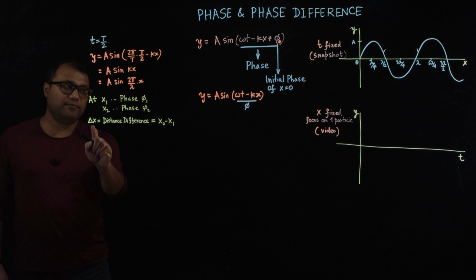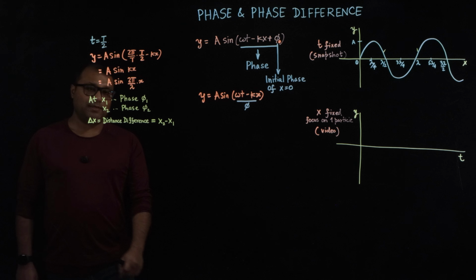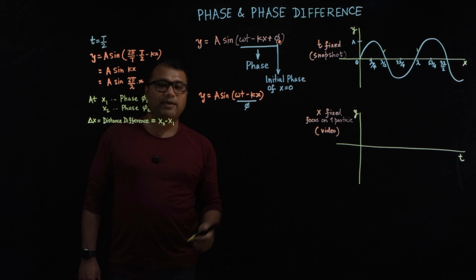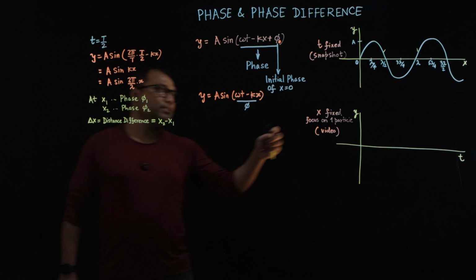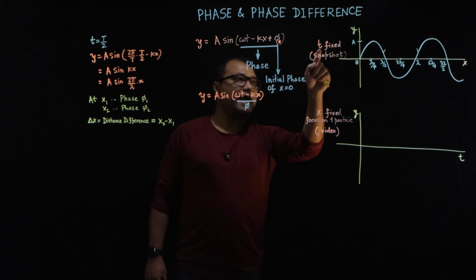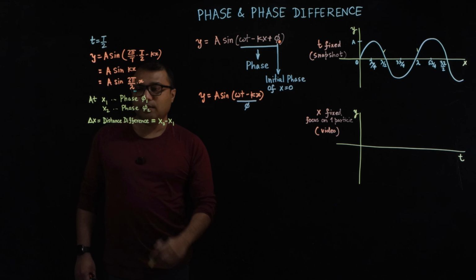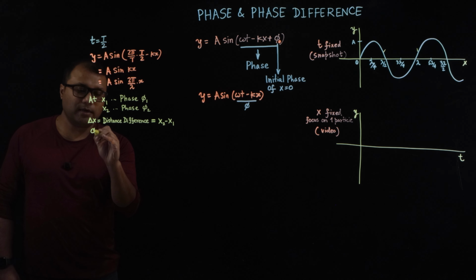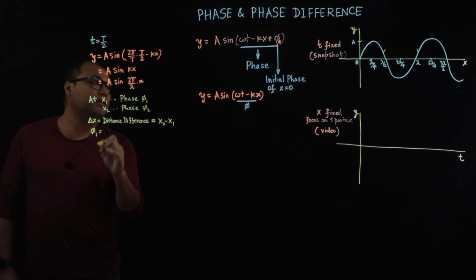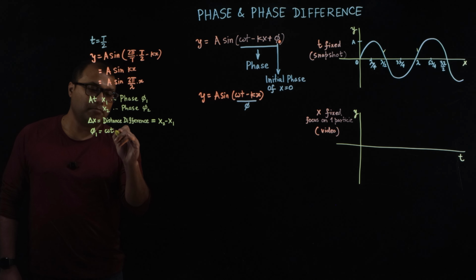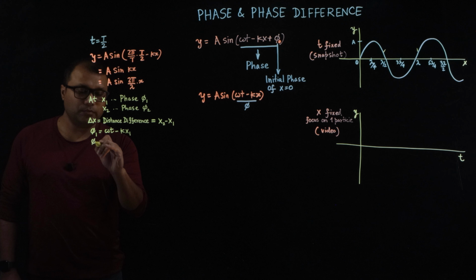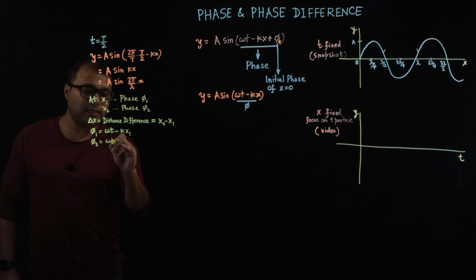Corresponding to this distance difference, what is the phase difference? That's how we define phase difference. So phase difference between these 2 points at a time is what? It's easy. Phi 1 is omega t minus kx1, and phi 2 is omega t minus kx2.